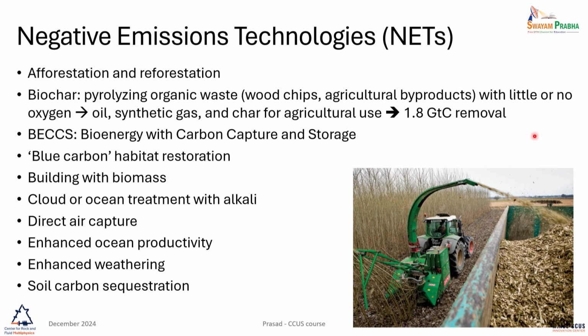So if we count up all of the previous ones, you have afforestation, reforestation. We have biochar. This is an example of biochar. This is an agricultural field that has been harvested. This is bio waste leftover. In most of Indian farming, this is burnt down, and you prepare the land, you till the land for the next crop.